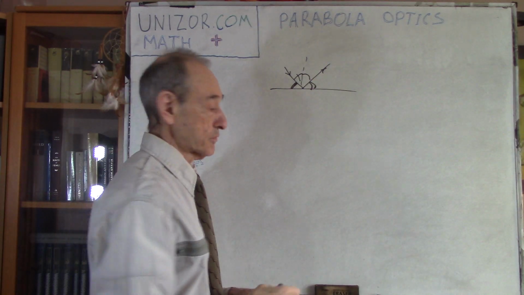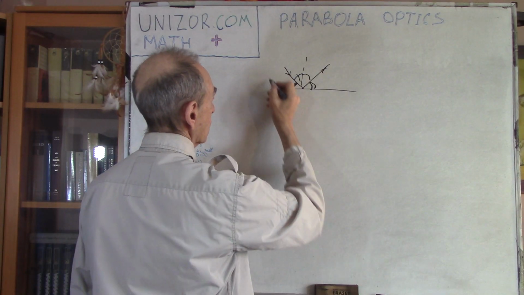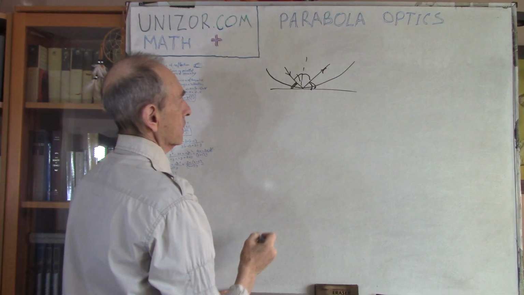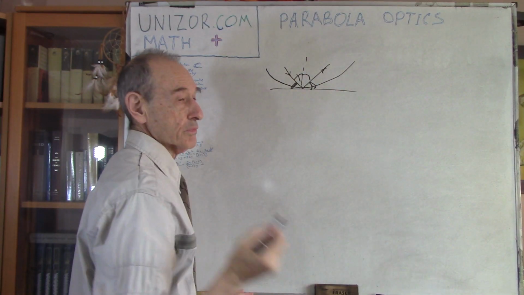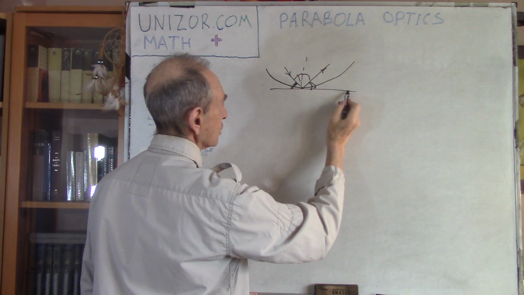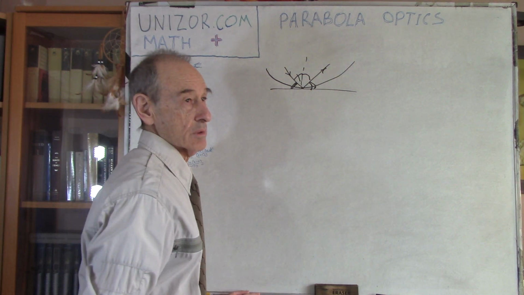So this is the law of reflection for the line. Now how about the curve? For the curve, the situation is very similar. If you have a curve, the law of reflection off the curve is the same as the law of reflection off the tangent line at the point of reflection.